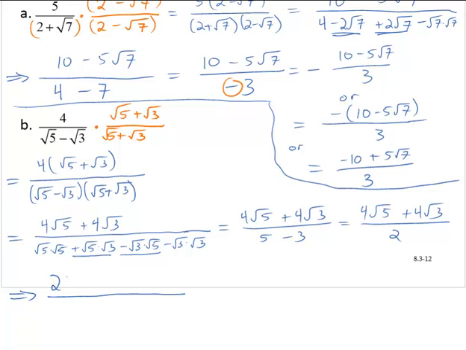So I'd have 2 times the square root of 5 plus 2 times the square root of 3 in the numerator, and the denominator is just still 2. And notice now I can remove that common factor of 2 from both the numerator and denominator, leaving 2 times the square root of 5 plus 2 times the square root of 3.